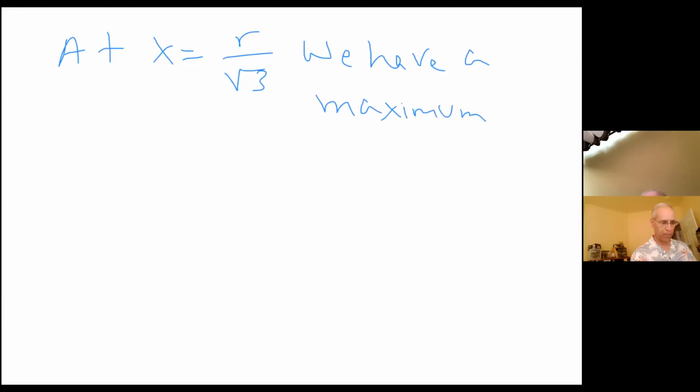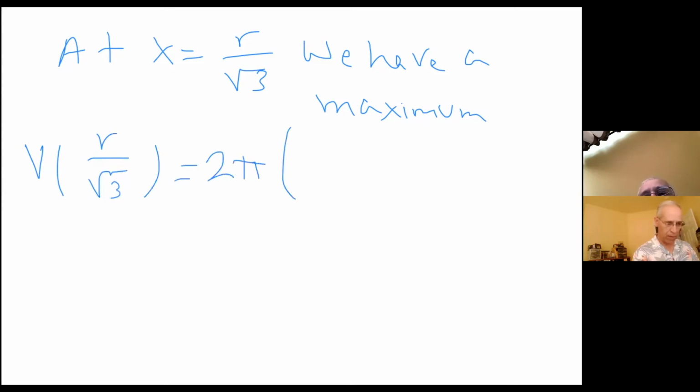And we know that the volume at r over root 3 equals 2 pi r to the second times r over square root of 3 minus r over root 3, and this part was cubed.